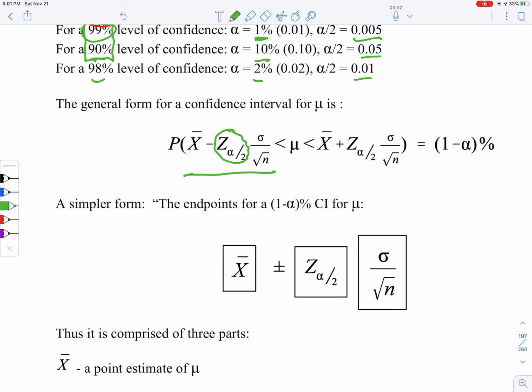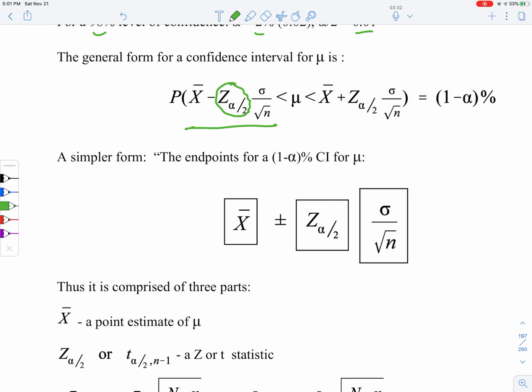Instead of having 1.96 here, we have a z value, which is based on alpha over 2 in the tail. And 1.96, of course, had 2.5% in the tail.